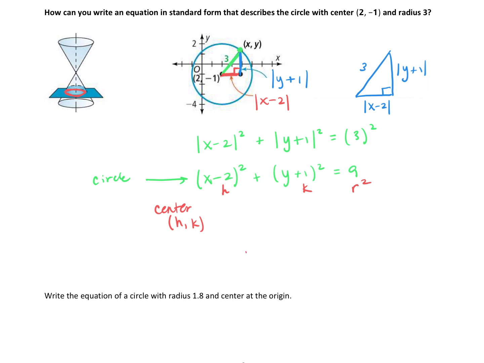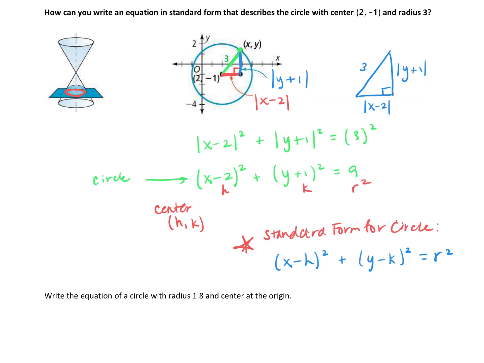So let's put a big star and write standard form for a circle. This is our standard form equation for a circle. This is what they're all going to look like. (x minus h) squared plus (y minus k) squared equals r squared.